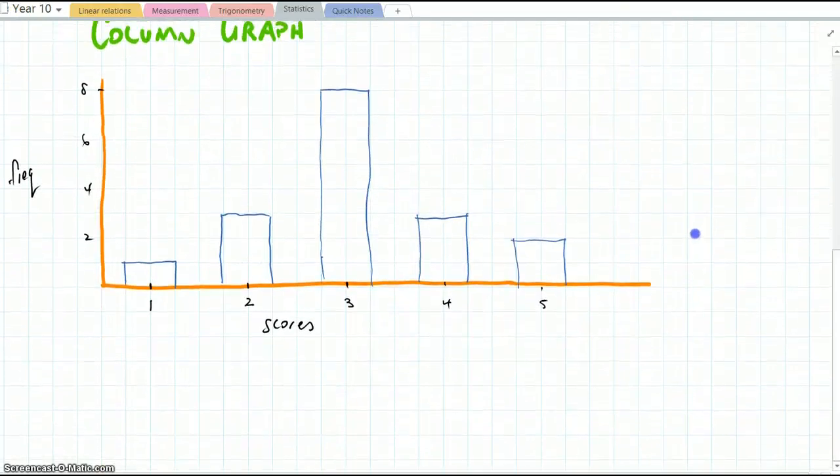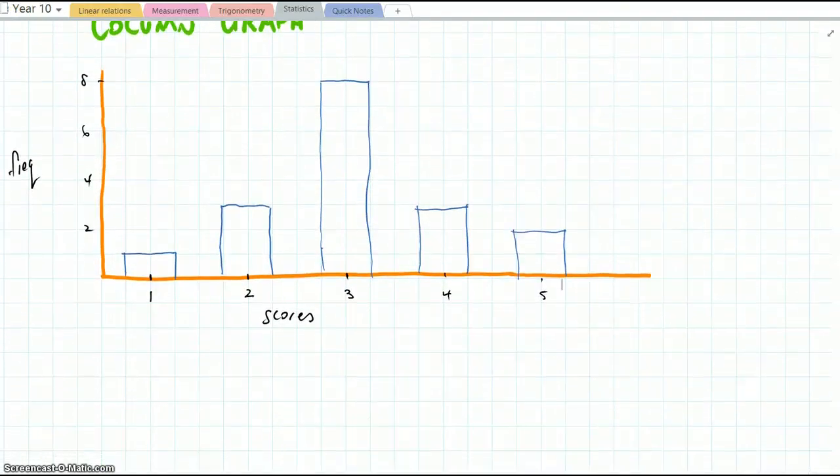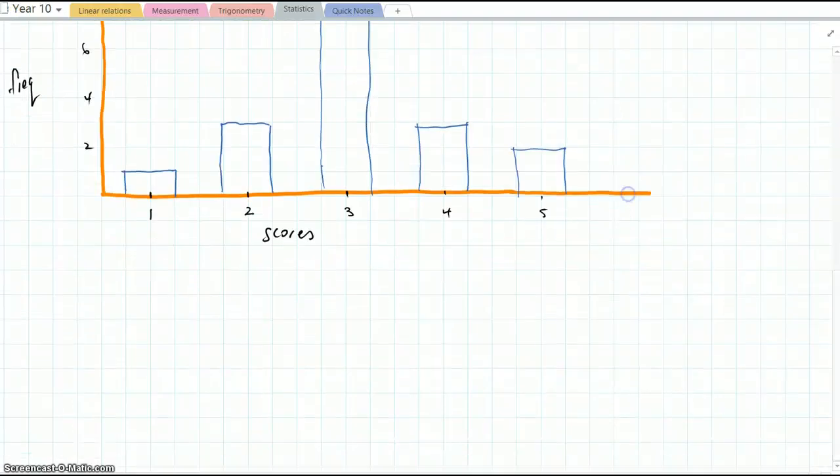We're just going to have a look at one other type of graphical technique, which is a dot plot, which is very, very straightforward. Dot plot.